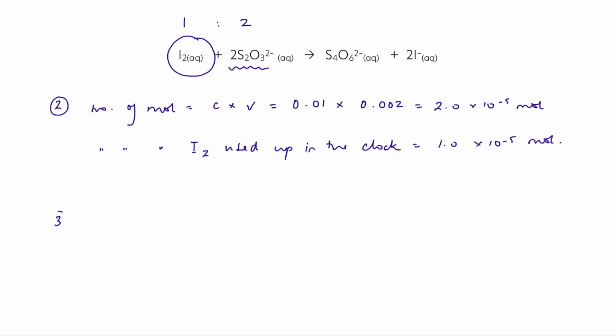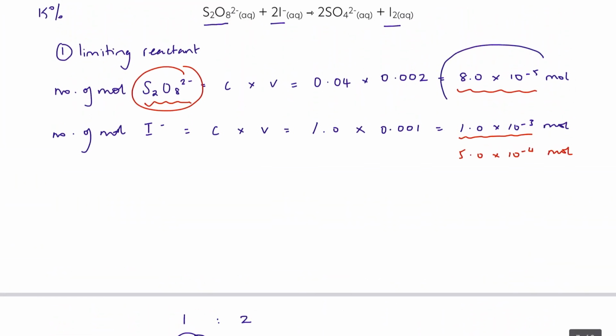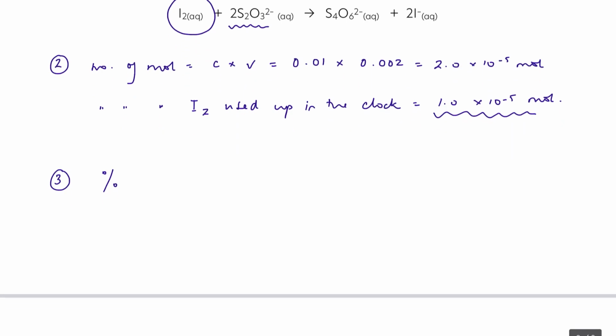So at this point we can work out the percentage of the reaction studied, because we know how much iodine was produced before the blue-black complex formed in each case, and we know the total number of moles of iodine that could be produced in this particular reaction.